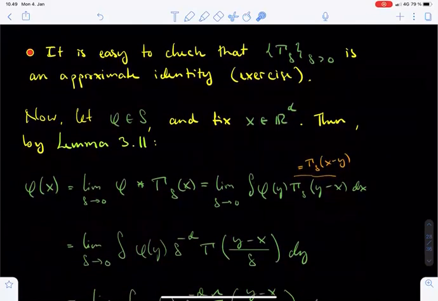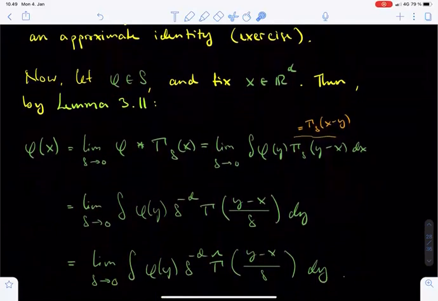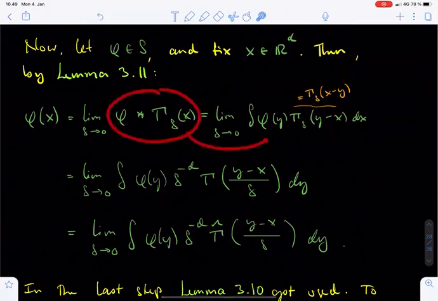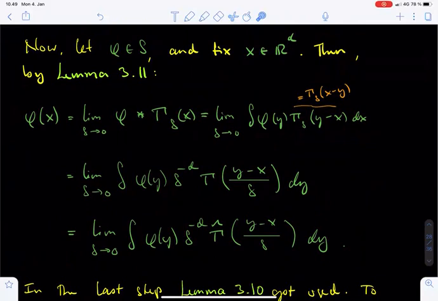Now, to prove the Fourier inversion formula for Schwartz functions, fix a Schwartz function phi, and also a vector x in R^d. We use the previous lemma on approximate identities to express phi of x as the limit as delta tends to 0 of the convolutions phi convolved with gamma delta at x. We next spell out that this convolution equals the integral of phi at y times gamma delta at y minus x dy.